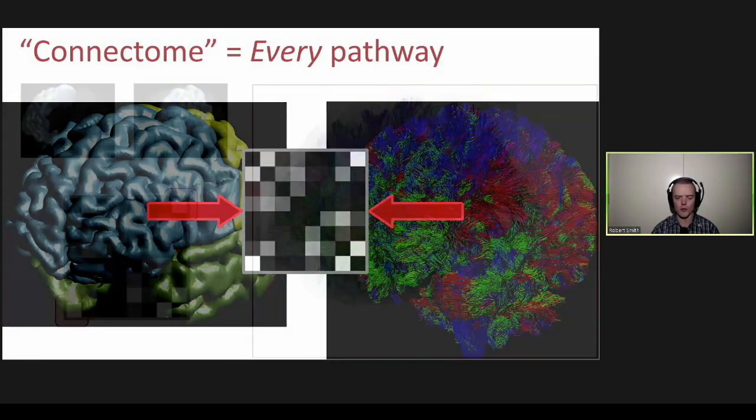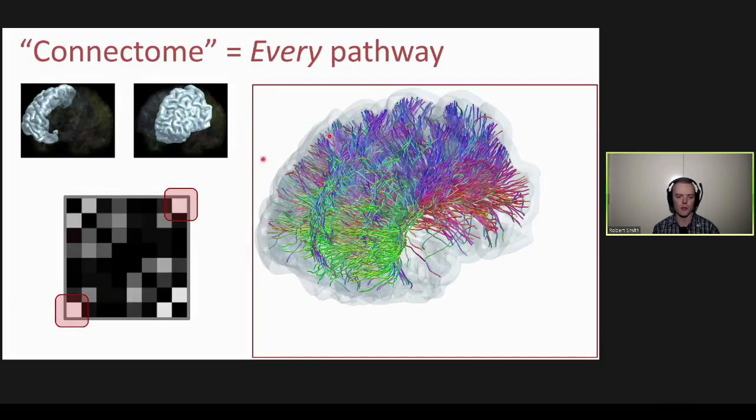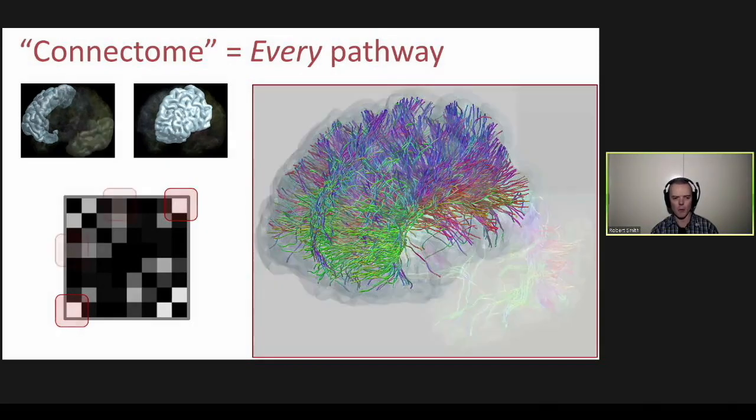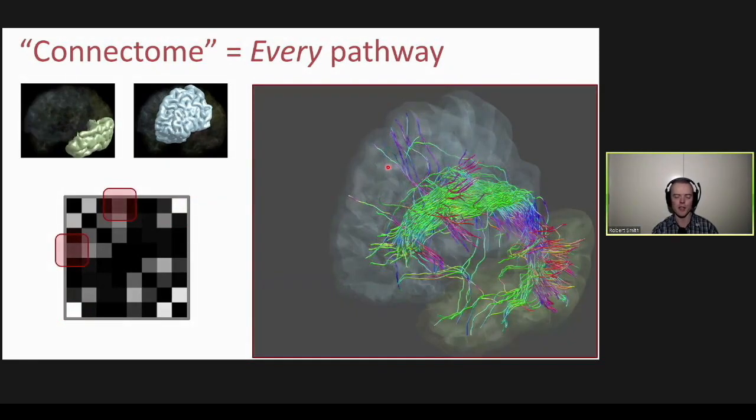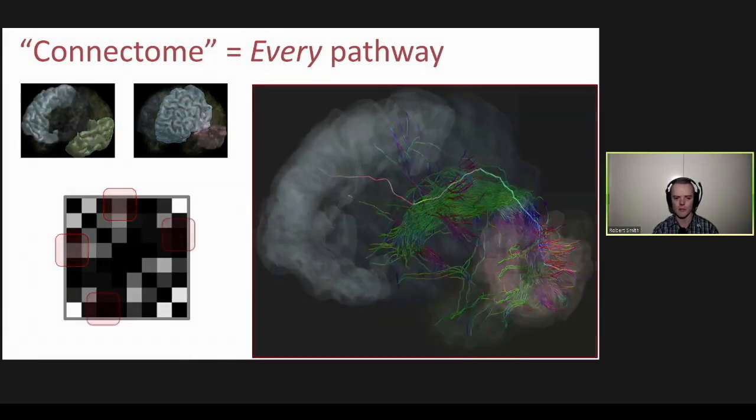And what this matrix represents is, if you look at any particular element within it, the intensity or the value stored here reflects some measure of connectivity. So this entry here corresponds to the connections between the left and right frontal lobes. Here are the resulting streamlines. And we can do the same kind of visualization for every entry in this 8x8 matrix.